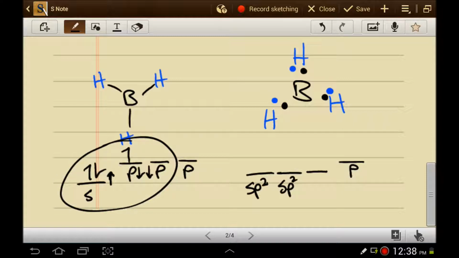So we're going to have 3 equal energy sp2 orbitals, and then we'll have 3 degenerate orbitals for our 3 electrons. And then when the hydrogen comes in to bond, the hydrogen can have a place for that electron to share that's all equal in energy. So the hybridization in the BH3 molecule is sp2 hybridized.